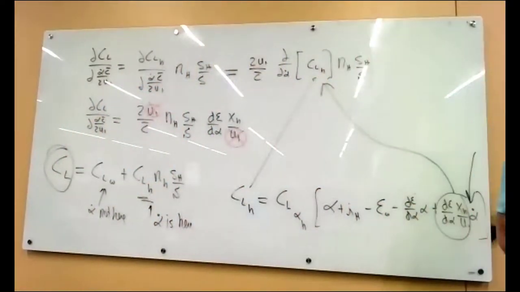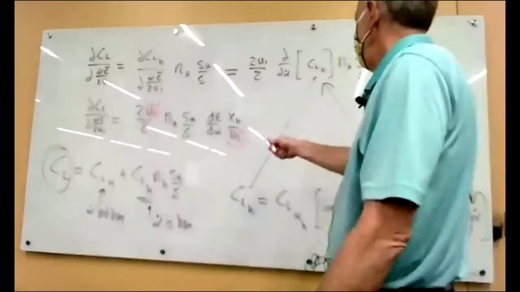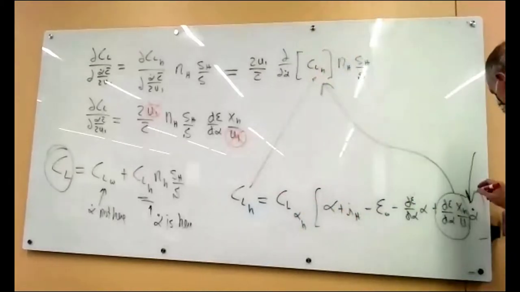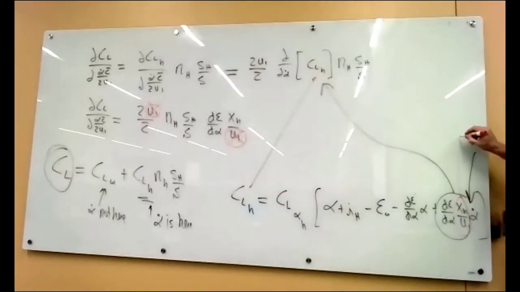Well, that's nice, but it's a bigger deal than that. Where did this U1 come from? Came from over here. Where did x_H over U1 come from? Look back on the previous page. Where did that come from? Yeah, that came from the delta t, so that's the lag.